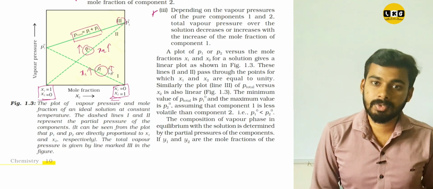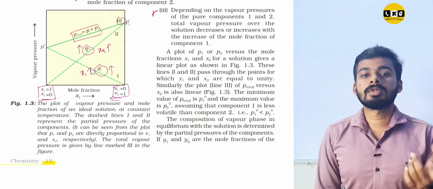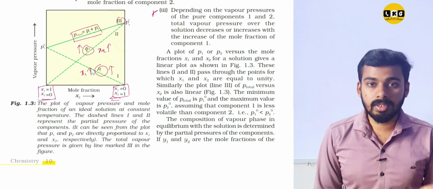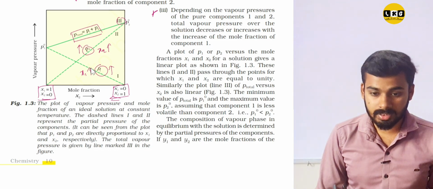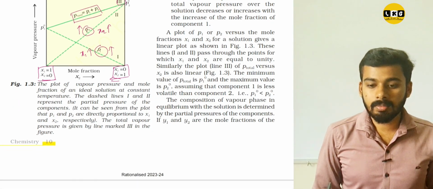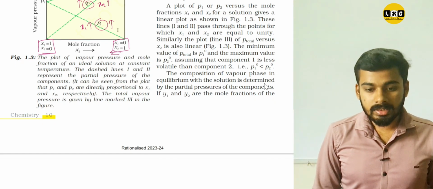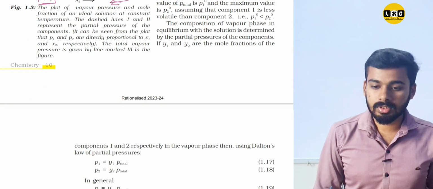As x2 increases, P2 also increases. It is directly proportional. From Raoult's law, P1 is equal to P01 into x1. The composition of the vapor phase in equilibrium with the solution is determined by the partial pressures of the components. This is the conclusion.